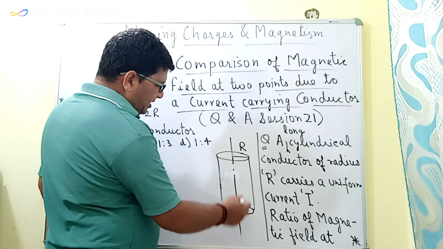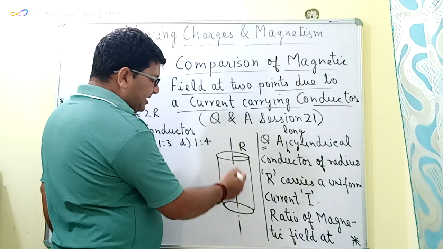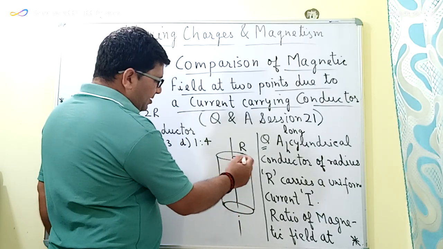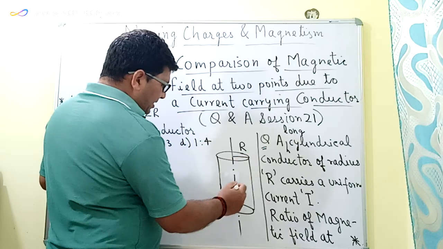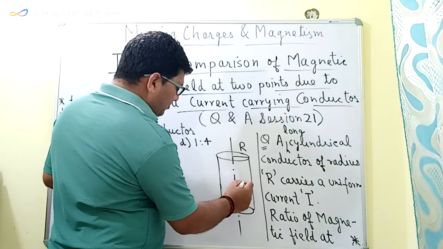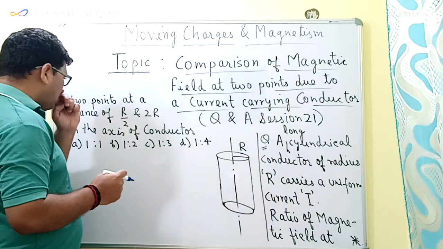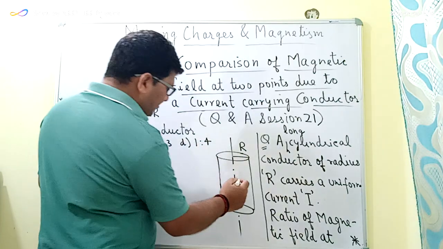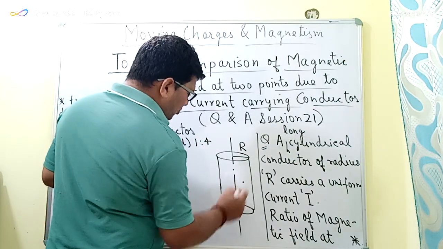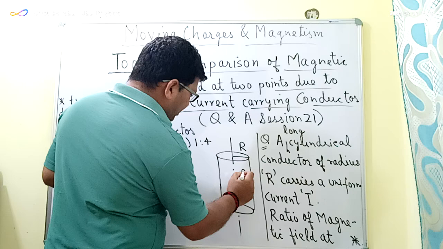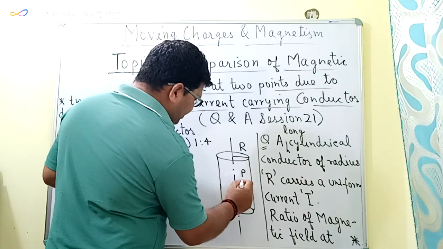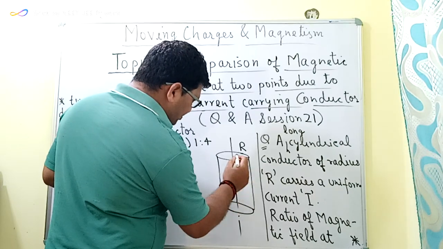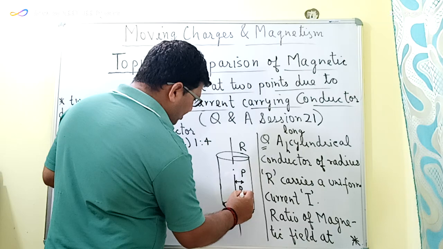So I have already drawn here this cylindrical conductor whose radius is capital R, and now there are 2 points here. One of the points is at a distance of r by 2 from the axis of this conductor. Let us say this point is P. Its distance from the axis of this conductor is r by 2.